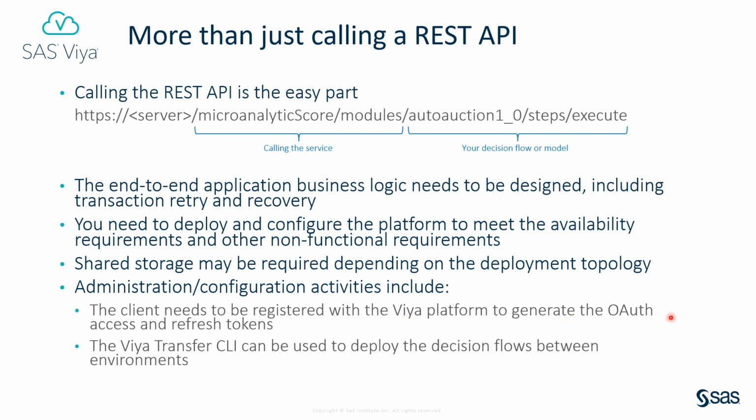It needs an OAuth access token and refresh token. The access token is used as part of calling that MAS REST API as part of the authentication process. Additionally, if we have got separation of our design platform from our production platform, the Viya transfer CLI can be used to deploy the decision flows between these environments.